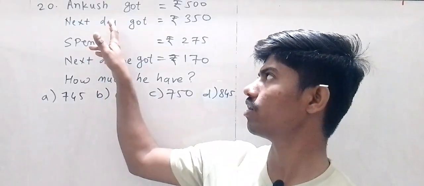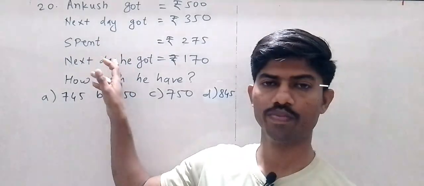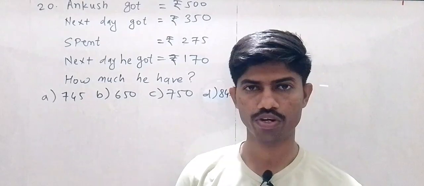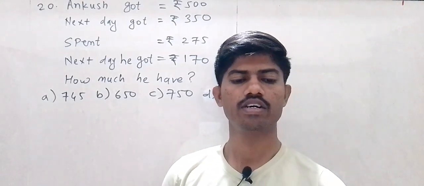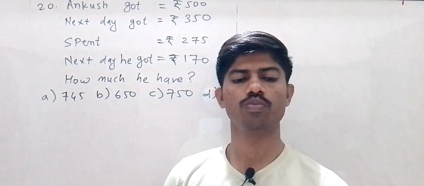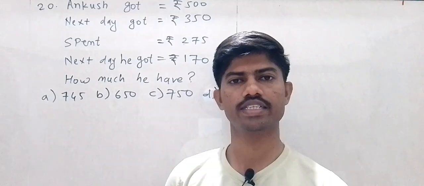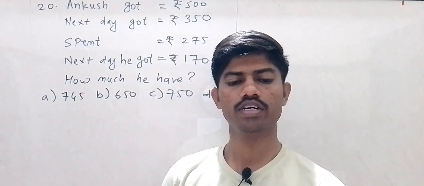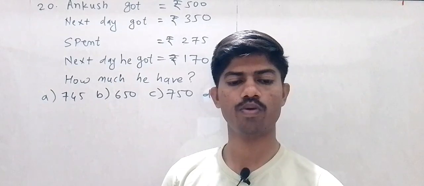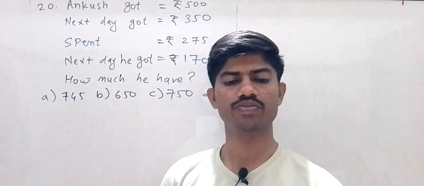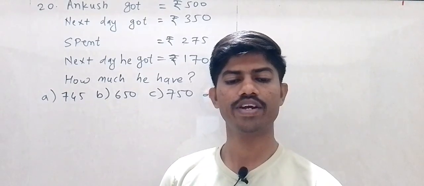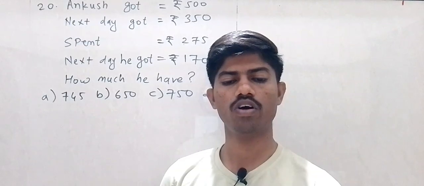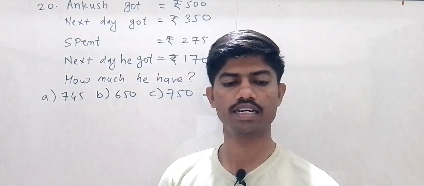Question number 20 is on the board in a very short format, so I am just reading the question for you in a longer format. Ankush got rupees 500 on his birthday. On the next day, he got 350 as pocket money from his father and spent rupees 275 on repairing his cycle.